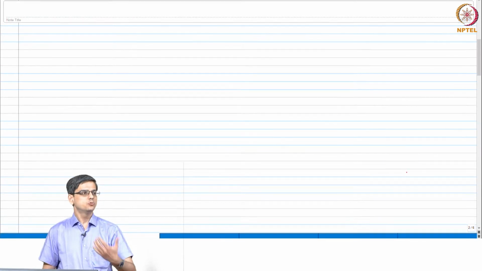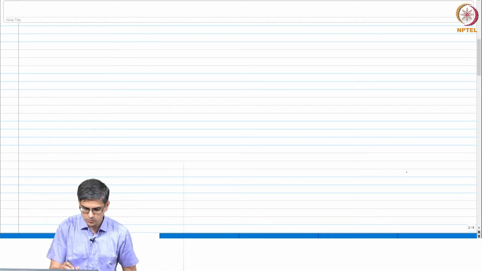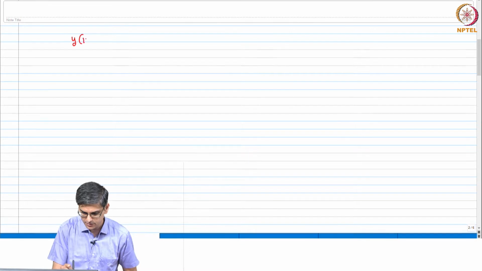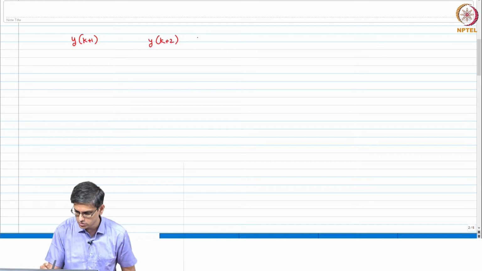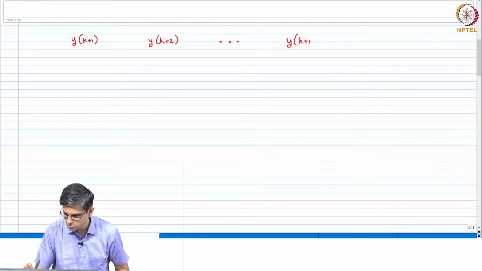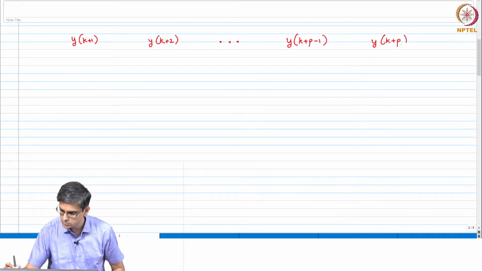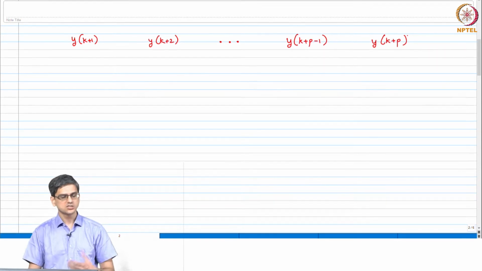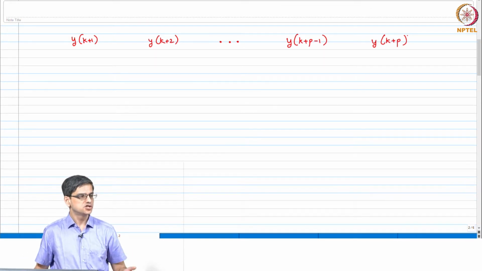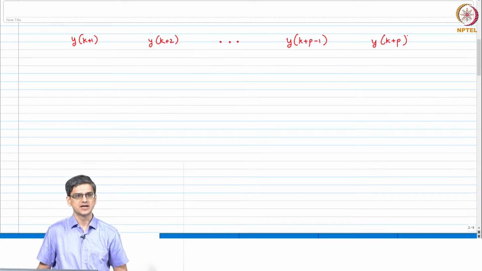So what do we mean by wanting to predict the future? We want to predict the values of yk plus 1, yk plus 2, and so on up to yk plus p. How do all of these respond to changes in uk up to uk plus m minus 1?